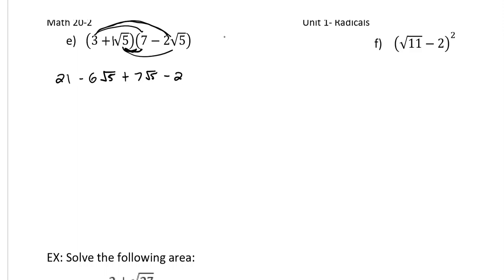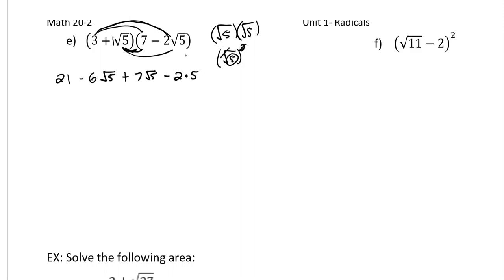You can also think of it as root 5 times root 5 is the same thing as saying root 5 squared. And then the squared and the square root just cancel with each other, and you end up with just 5. So keep an eye out for those. I'll be showing you as they show up again to remind you. But root 5 times root 5 is just 5. But we need to multiply by it, so times 5. Hopefully that made sense.